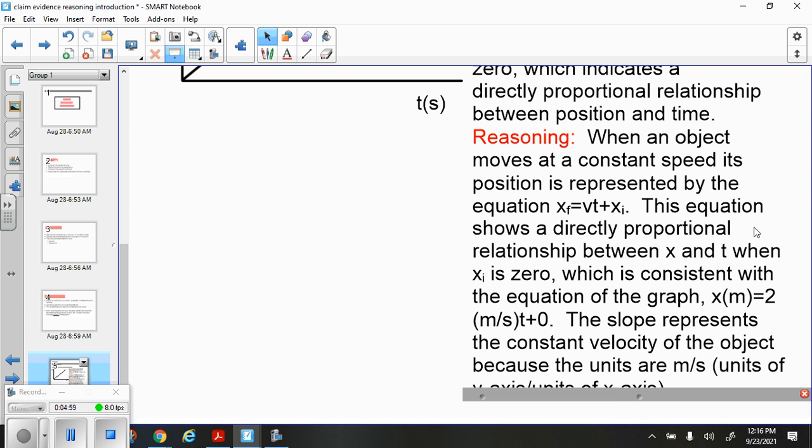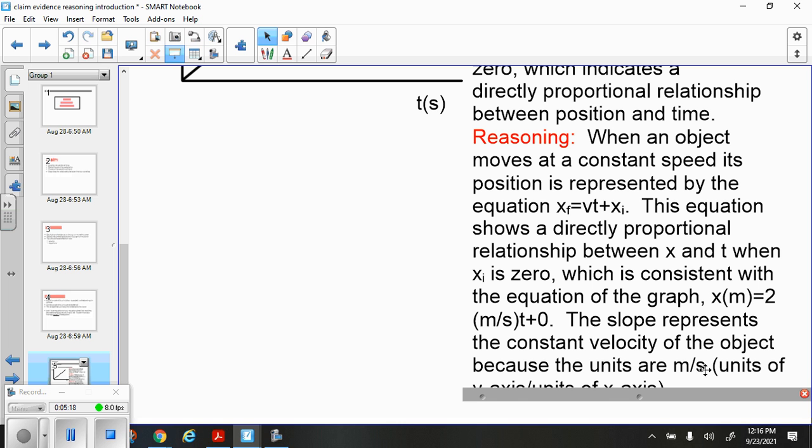This equation shows a directly proportional relationship between position and time when initial position is 0. And that is consistent with what we found in our lab. That's consistent with the graph, and that's consistent with our findings.